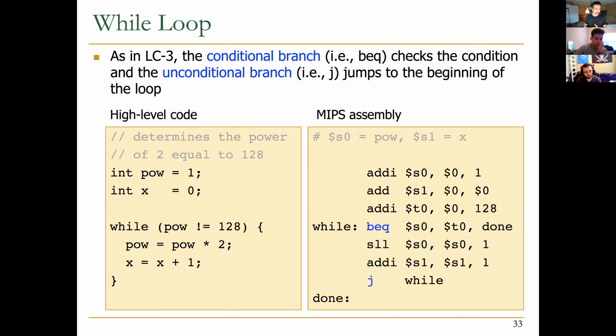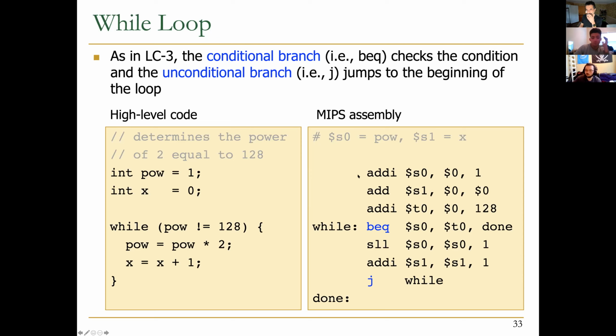Typically, you want to use S registers or T registers, but any register should be available, except 0, where you cannot change the value. You can change any of the other registers.